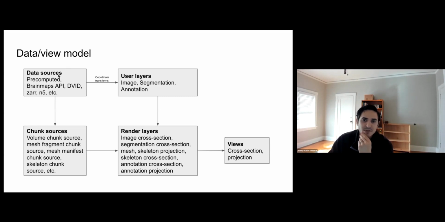All right, now I'm going to move on from these general principles of Neuroglancer to give an overview of the overall design. So at a high level, in Neuroglancer, there's this concept of a user layer, which is intended to be similar to a layer in Photoshop or in a CAD tool, where it corresponds to one logical data modality.